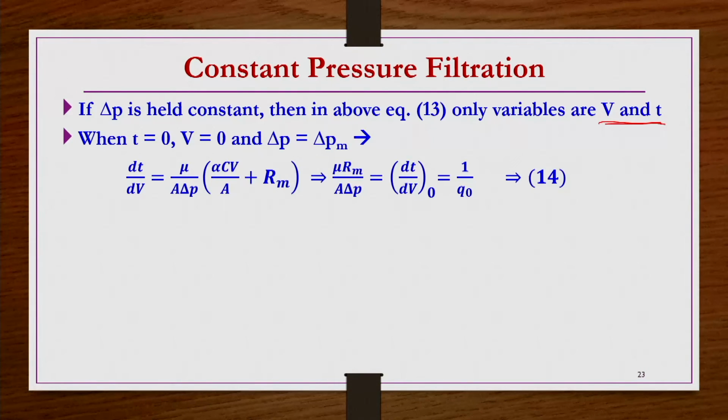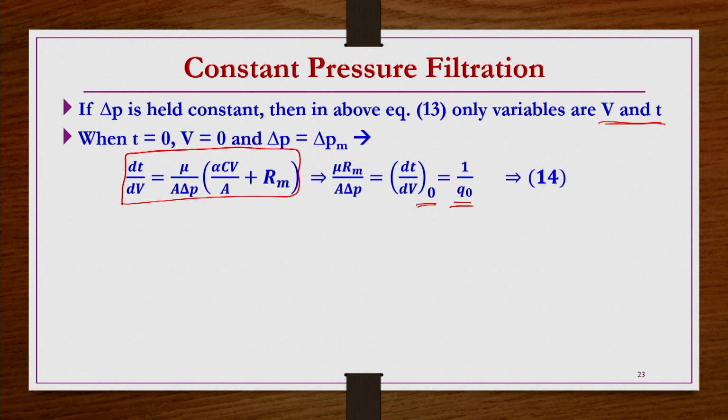Then this equation number 13, at time t equals 0, let dt by dv be 1 by q naught. Why are we doing this? Because we need information for rm and also alpha.